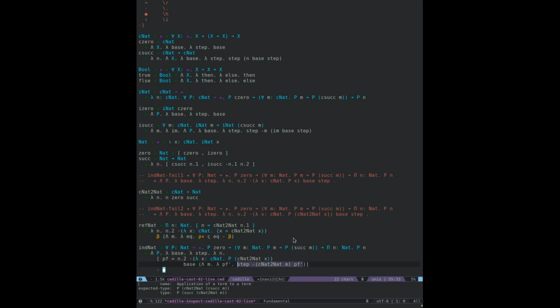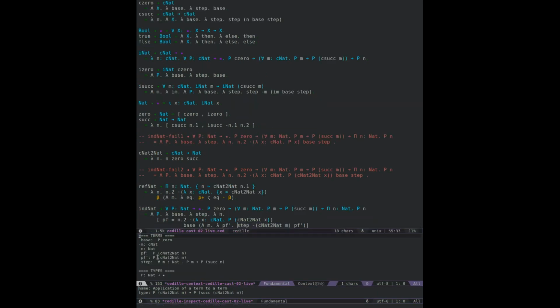But in order to prove that P holds for successor of CNAT 2NAT M, I invoke step. I must give it a natural number. That natural number is the converted M. Now I must provide a proof that P holds for the converted natural number. But of course, I have this in the context already, PF prime.